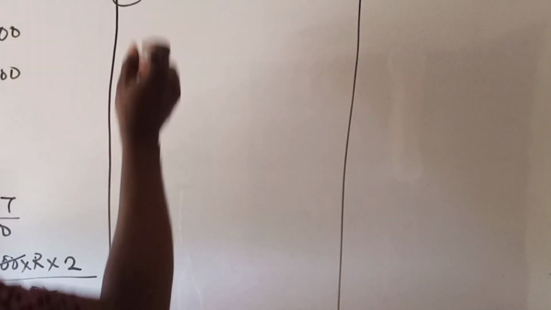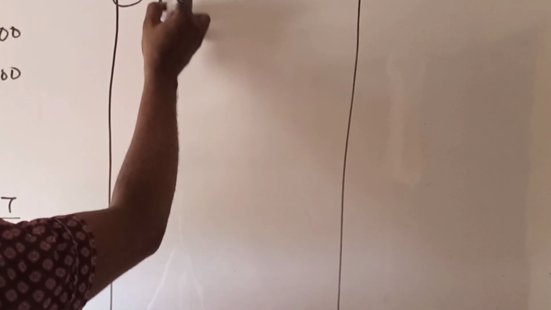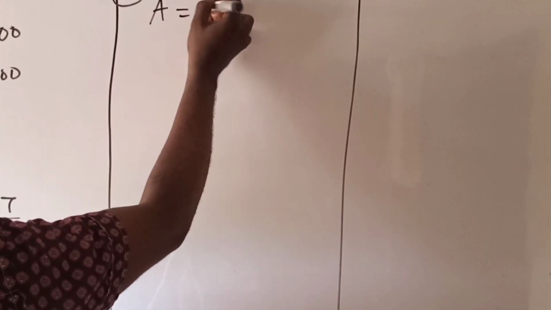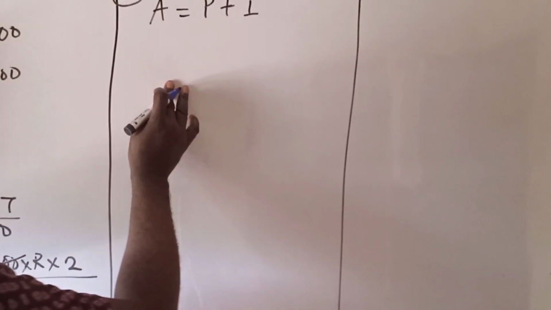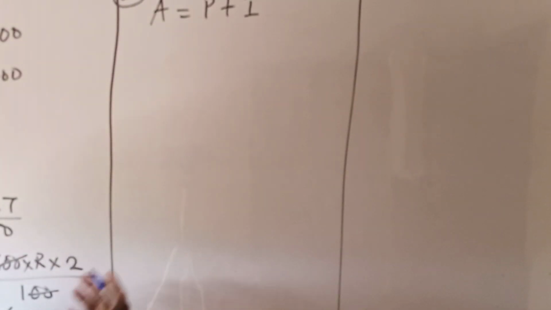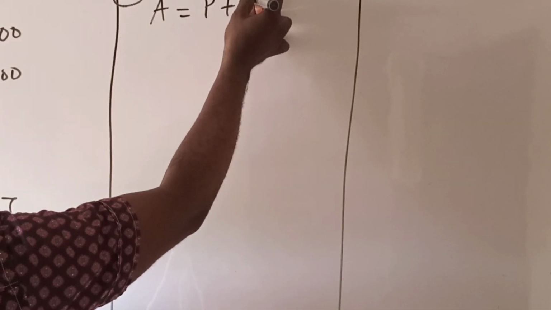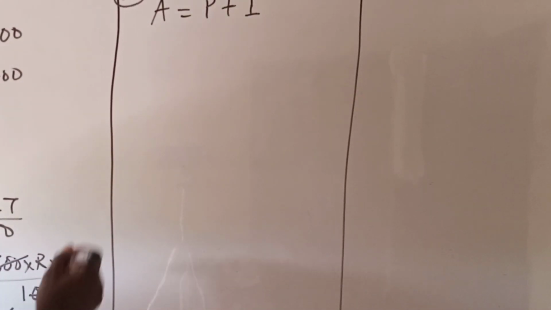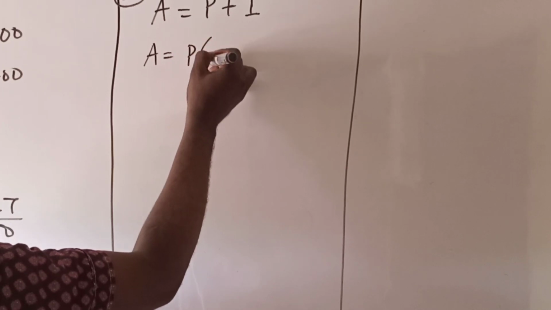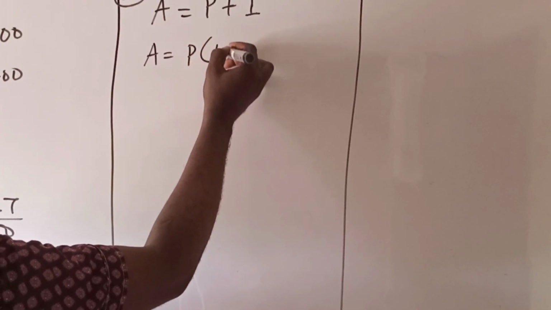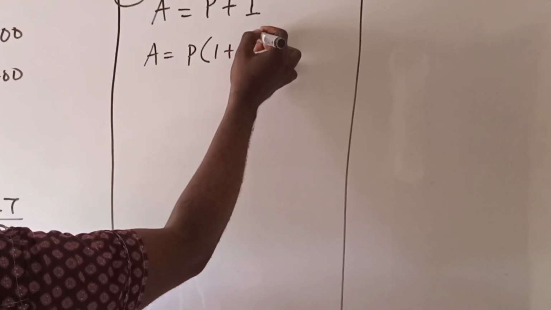So the first thing is we need to calculate the amount, and amount is when you add the principal plus the interest. That's what gives you amount. But since we don't know the compound interest, we need a formula to do that. So amount in this case is P, principal, into bracket 1 plus R, everything raised to the power N.